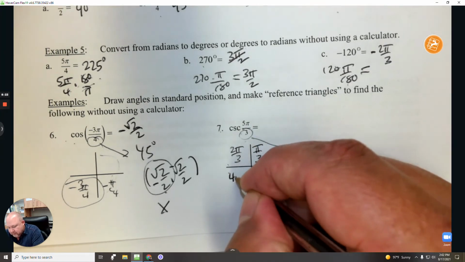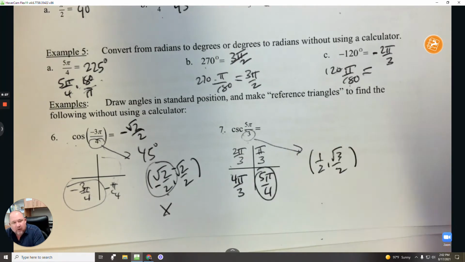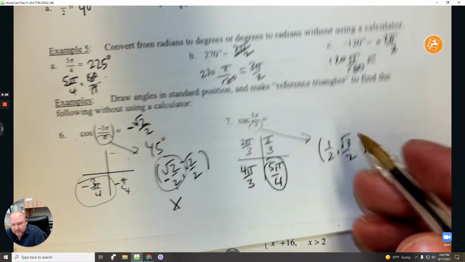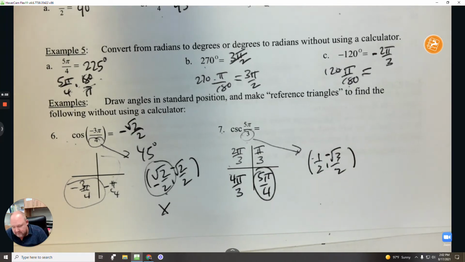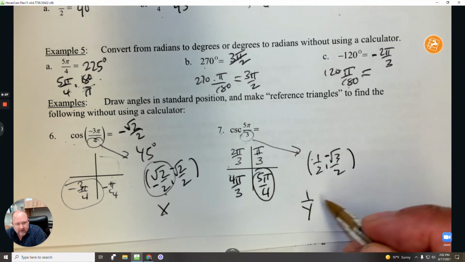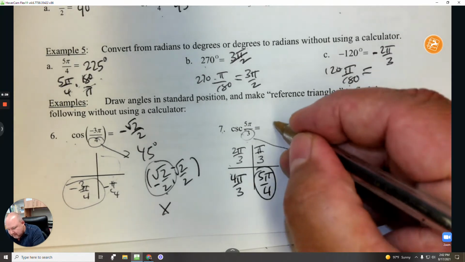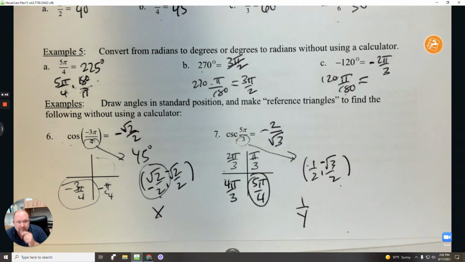So the next numerator is 4, and the next one is 5. This is the quadrant we're in. And in quadrant number 4, x is positive, and the y value is negative. The definition of cosecant is the reciprocal of the y coordinate. So we take that, and we don't have to rationalize it at all. Just flip the y coordinate, and you have your answer.